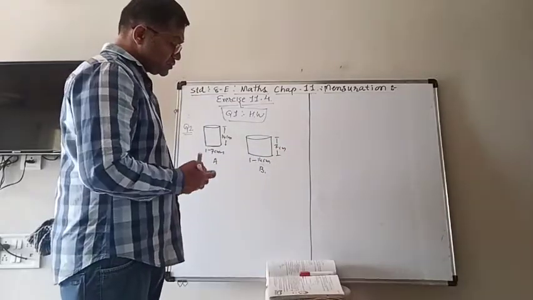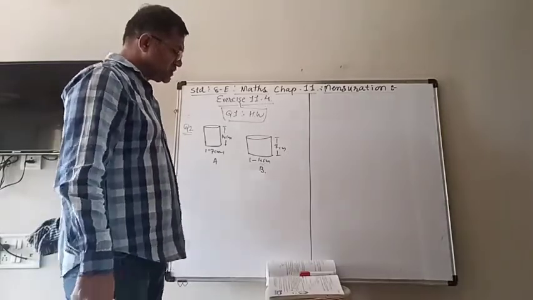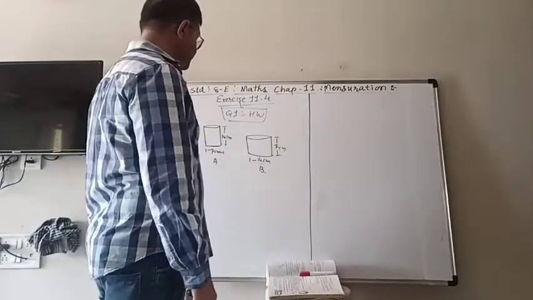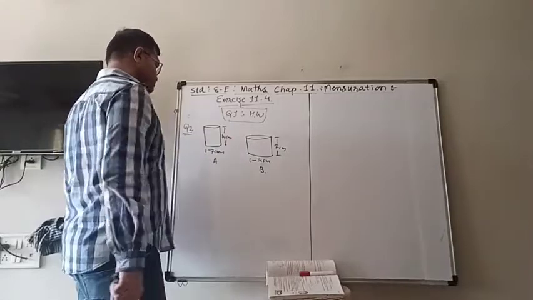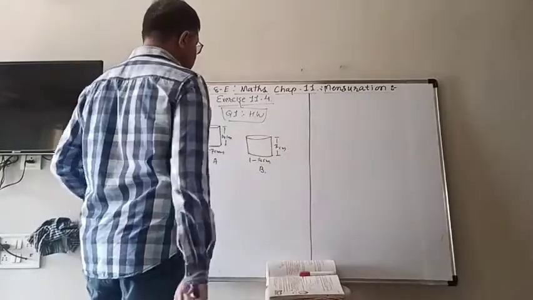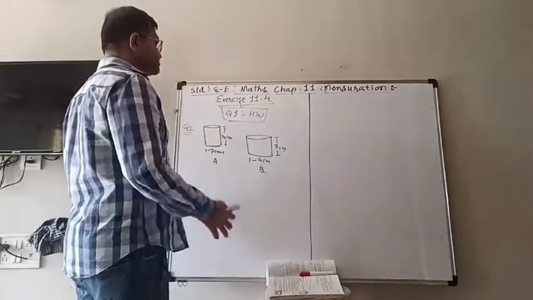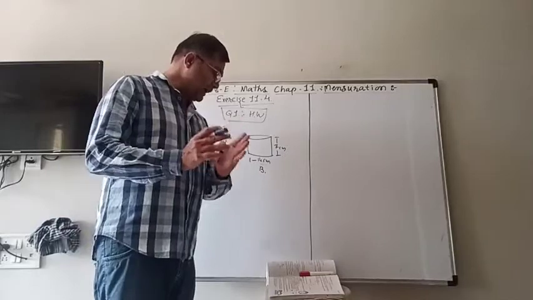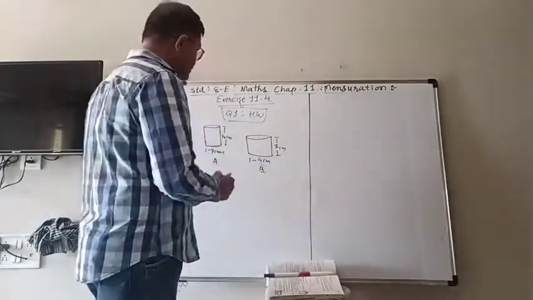Now, given that, without doing any calculation, can you suggest whose volume is greater? It looks like the volume of maybe cylinder B is greater, but we have to confirm by finding the volume.